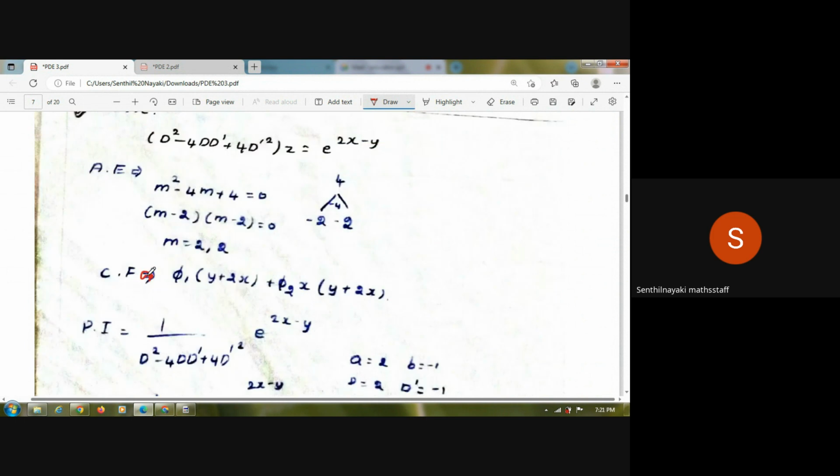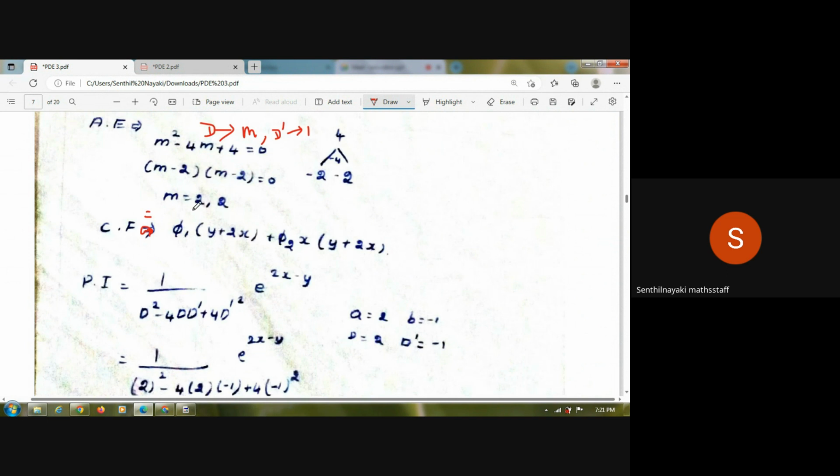For the complementary function, we replace d by m and d dash by 1. So we get m square minus 4m plus 4 equal to 0. After factorizing this equation, we get the roots m equal to 2 comma 2.